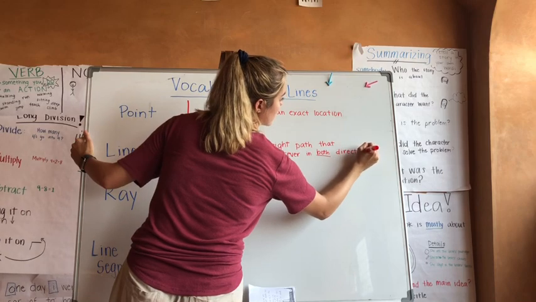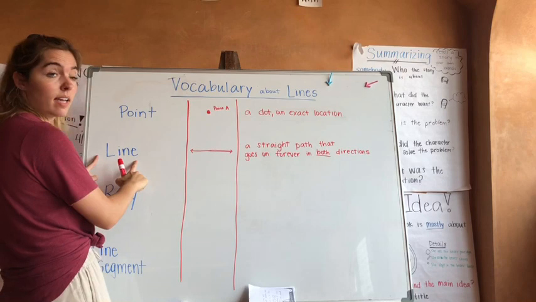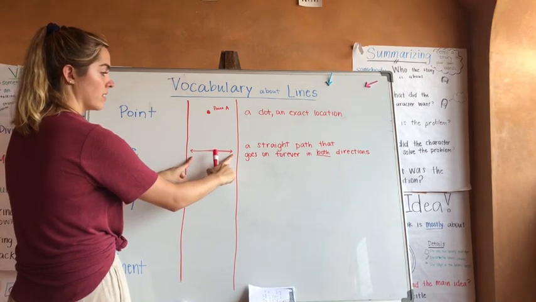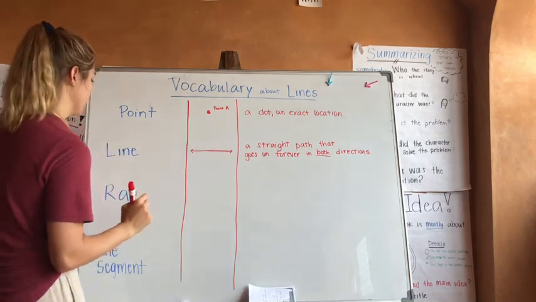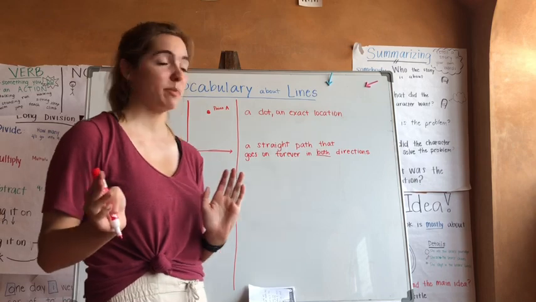Both directions. So a line has to have arrows on both sides. Okay? Awesome. A ray is something probably new that you haven't seen before.